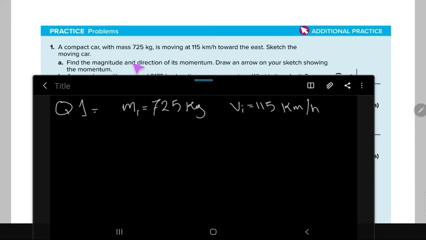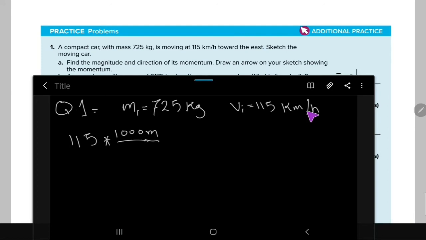Before finding the magnitude of the momentum, we should convert this unit from kilometer per hour to meter per second. So how could we convert this unit? In the beginning, we should write 115 times kilometer, that's equal to 1000 meter, over the hours.